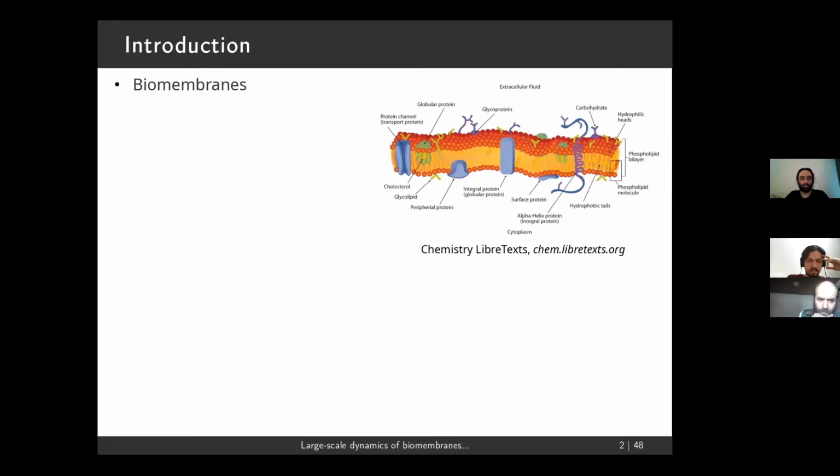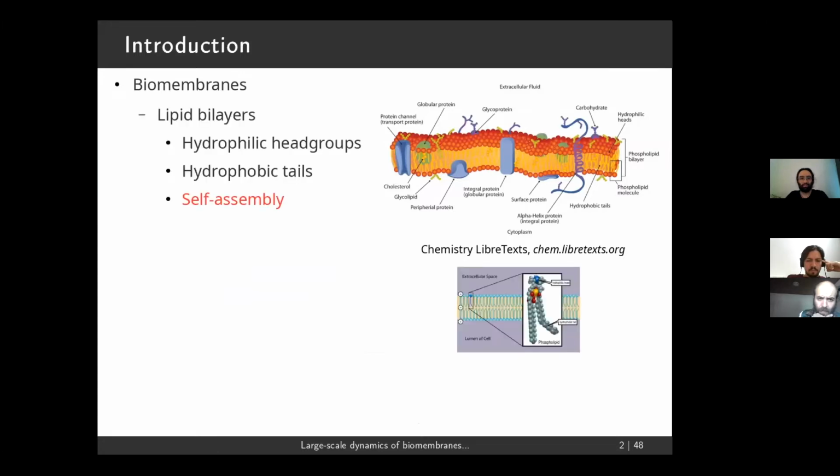For those of you who are not familiar with membranes and bilayer membranes, this is a very brief introduction, but probably it's known to most of you that these are basically bilayer self-assembled structures formed by lipids. The reason is that the lipids have a head group, which is hydrophilic, and a tail, which is hydrophobic, and they prefer to keep the hydrophobic parts together.